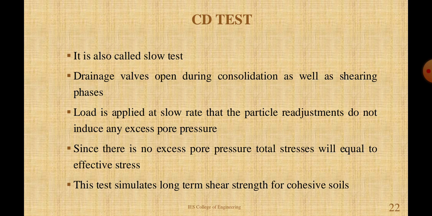Drainage valves are open during consolidation as well as the shearing phase. Load is applied at such a slow rate that the particle readjustments do not induce any excess pore pressure. Since there is no excess pore pressure, total stresses will be equal to effective stresses. These tests simulate long-term shear strength for cohesive soil.